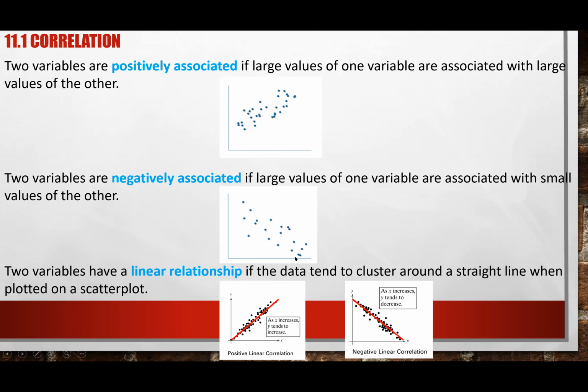So what we do is we use our eye test, right? We look at the scatter plot and say, okay, given this scatter plot, using our judgment, it's either positively associated, positive linear correlated, or negative linear correlated, right?